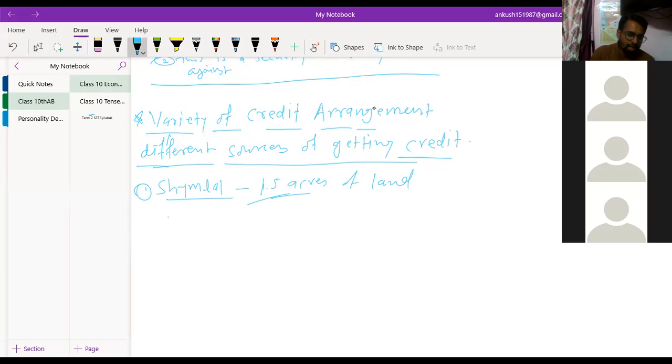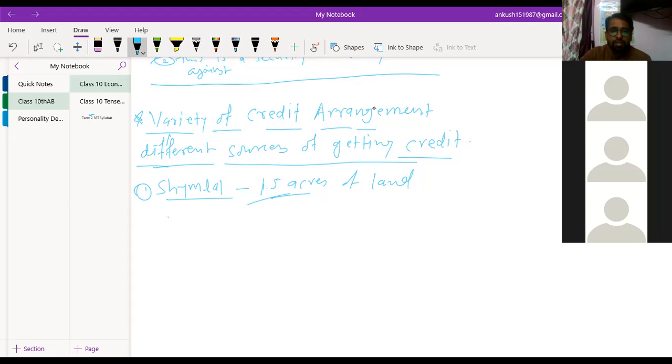Actually, Shamlal has been borrowing from an agricultural trader to meet the expenses, or the things that he has to arrange before the season starts, or the rainy season starts.